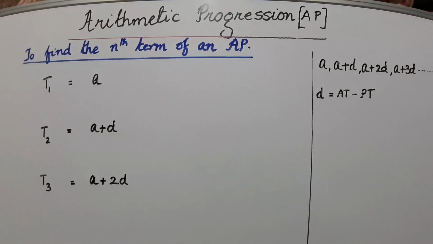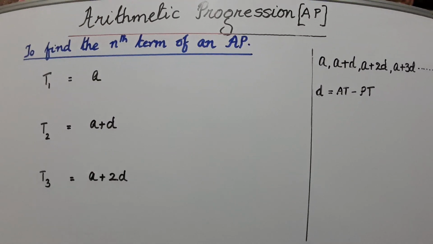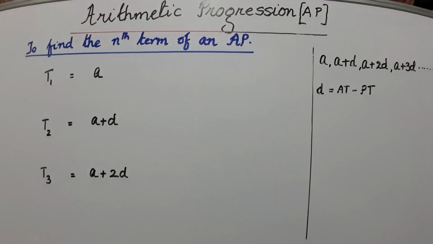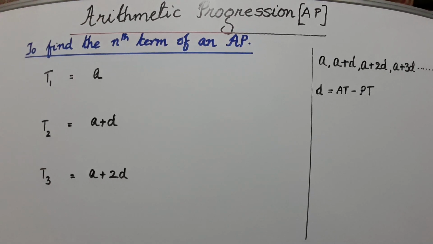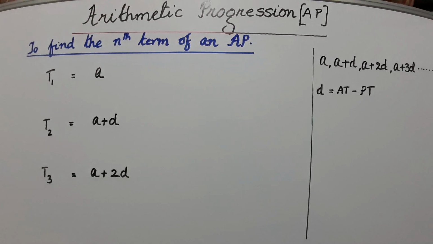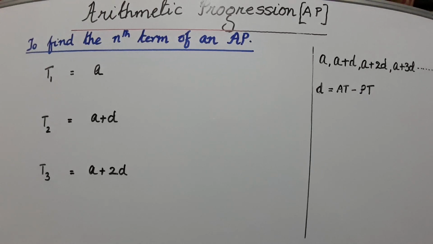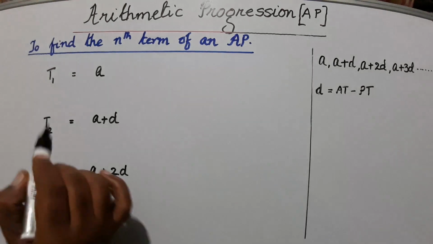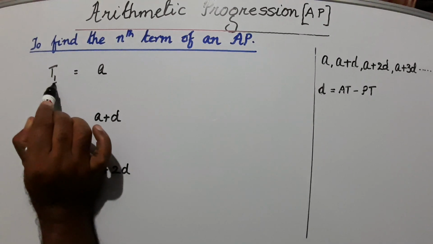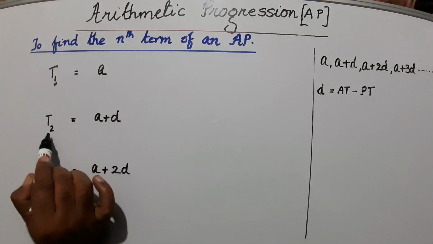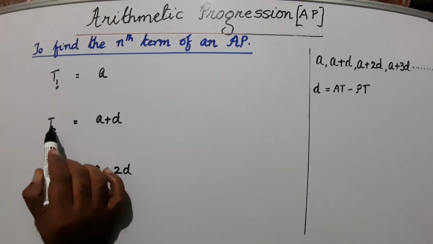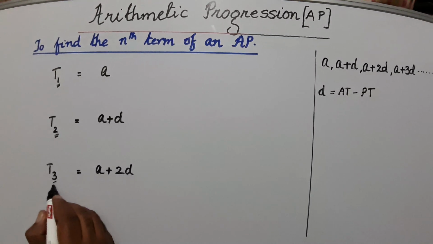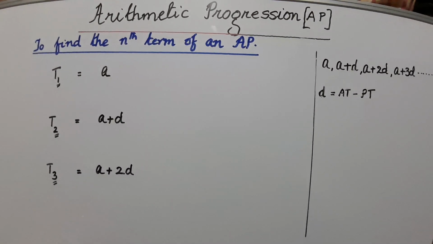Now, all the terms I will express using both a and d, and also I will use this suffix 1, then suffix 2 in the next, and suffix 3 in the next one.